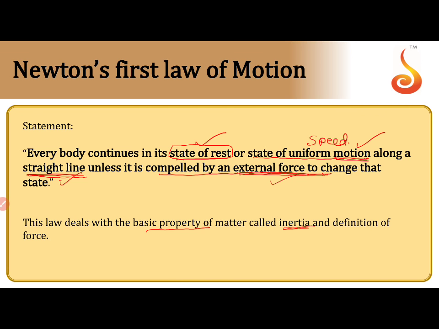Now let us have a quick recap of what we have studied so far. We started our discussion with Newton's first law of motion. It states that every body continues to remain in the state of rest or in the state of uniform motion along a straight line until and unless an external force acts on it. The property responsible for that is called inertia.